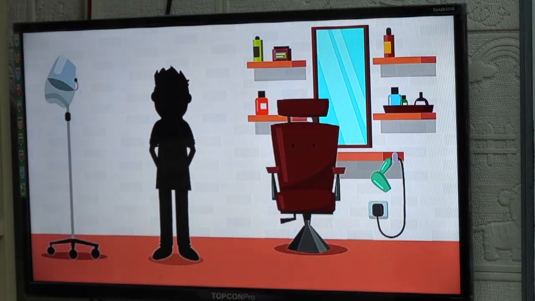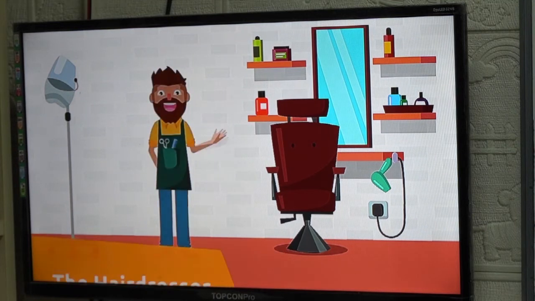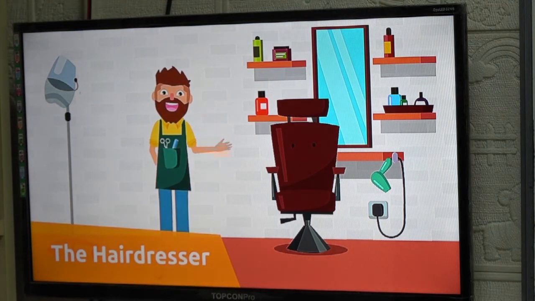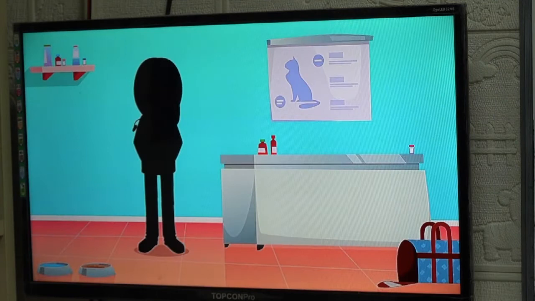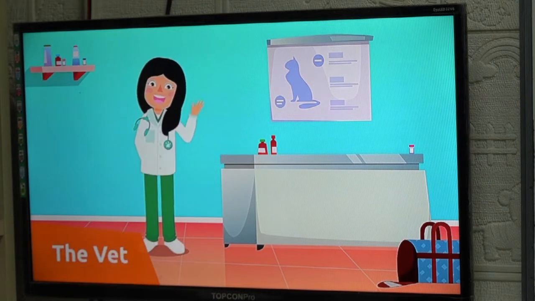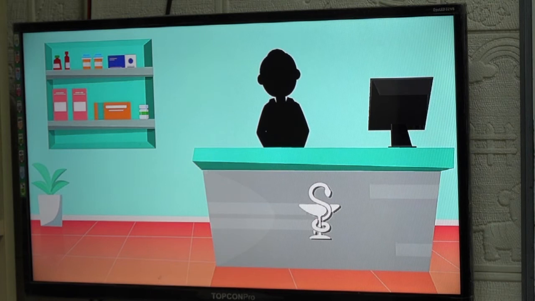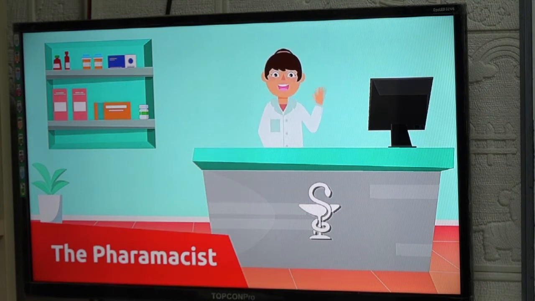Who cuts and combs our hair? The hairdresser. Who treats sick animals? The vet. Vet. Who sells medicines? Pharmacist. The pharmacist.